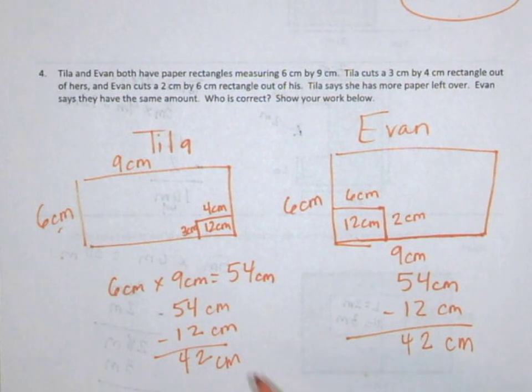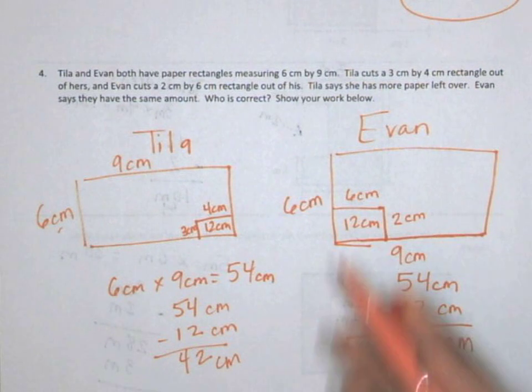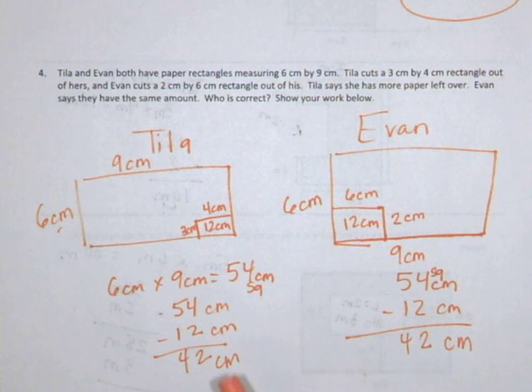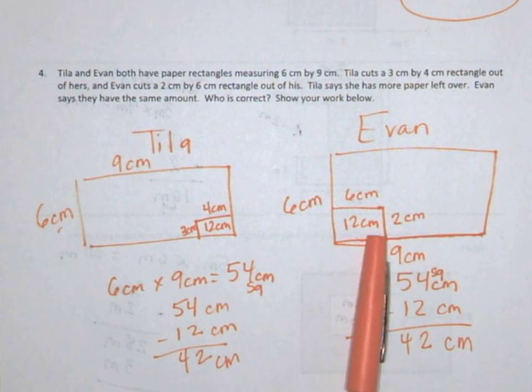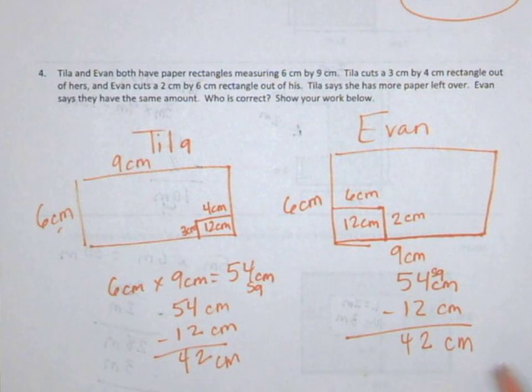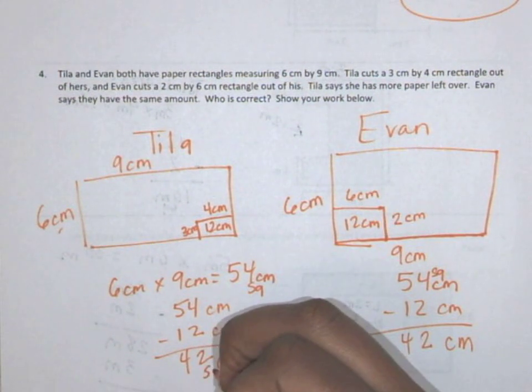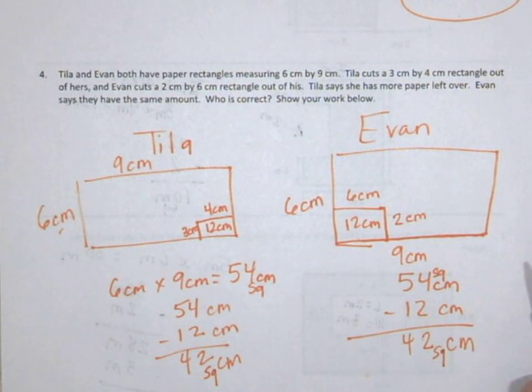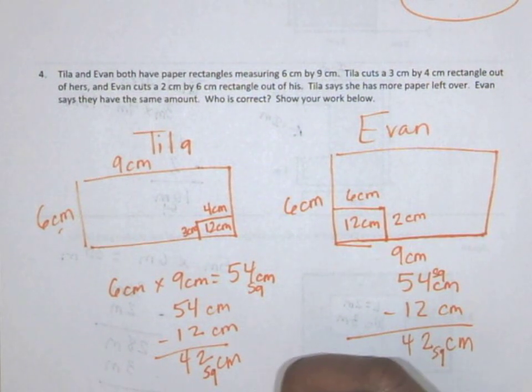Well, they both started out with 54 square centimeters and had to subtract 12 square centimeters, and they both ended up with 42 square centimeters. So it looks like Evan is correct.